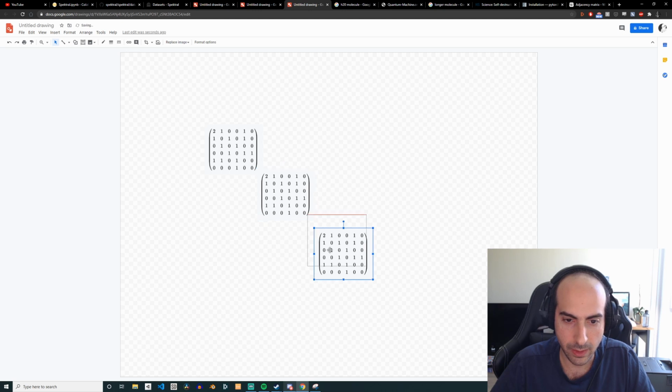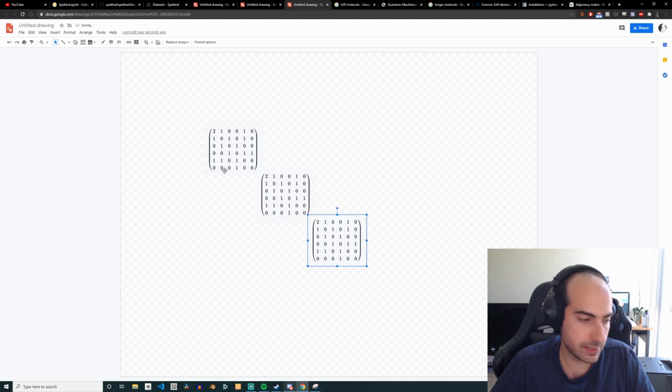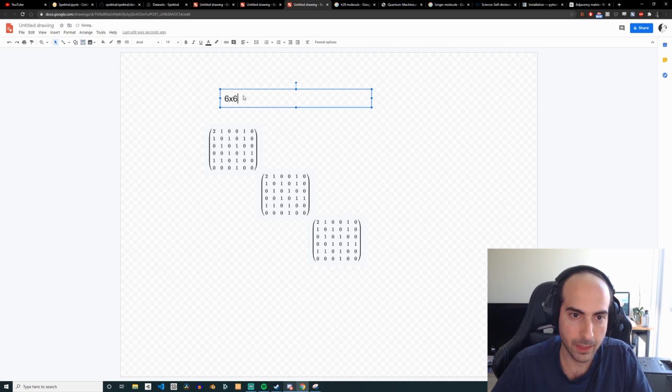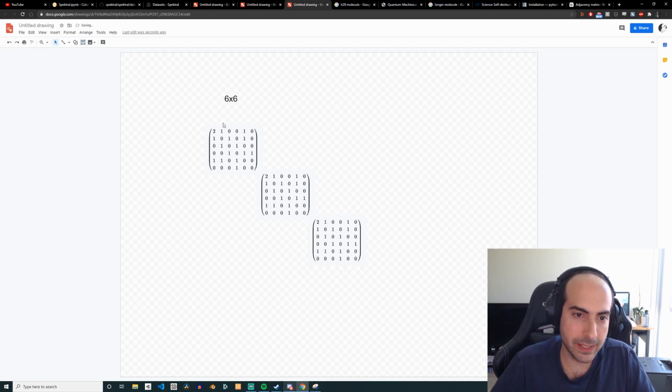Let's work this out. Each matrix is of size 6 by 6, and we align them like so. So here we're going to have 6 plus 6 plus 6.